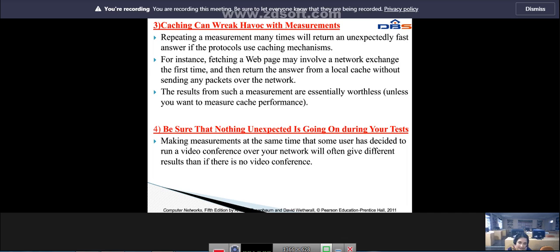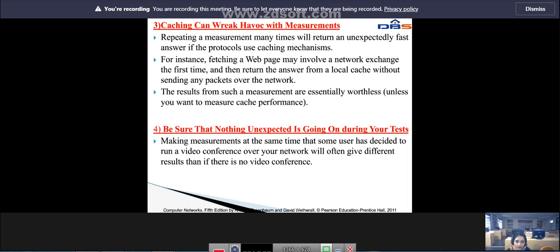For instance, fetching a web page may involve a network exchange the first time and then return the answer from a local cache without sending any packets over the network. So, the results from such a measurement are essentially worthless, unless you want to measure cache performance. So, this is the third rule we have to follow whenever we are measuring the network performance.